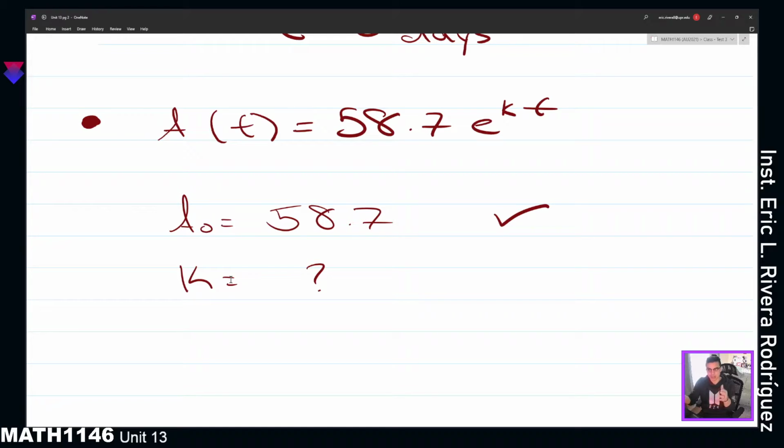At the end of the steps that I'm going to present, I'm going to go back and change a sub 0 to 58.7. But you are going to see that the process that I'm going to present here, you are going to follow a similar process on all the exercises that are related to the double of time term. All right.